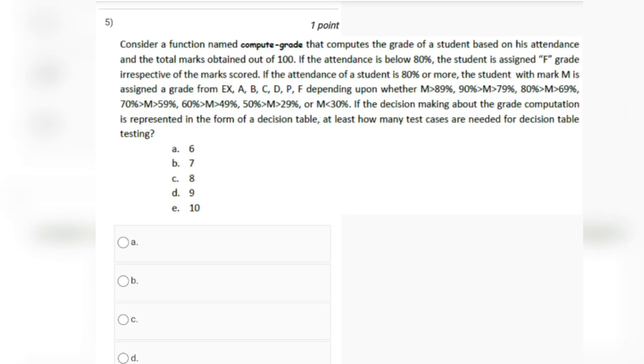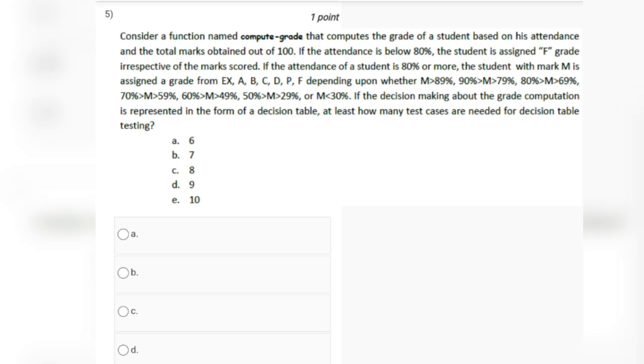Question number 5 is: consider a function named compute grade that computes the grade of a student based on his attendance and the total marks obtained out of 100. If the attendance is below 80%, the student is assigned F grade, irrespective of the marks scored.